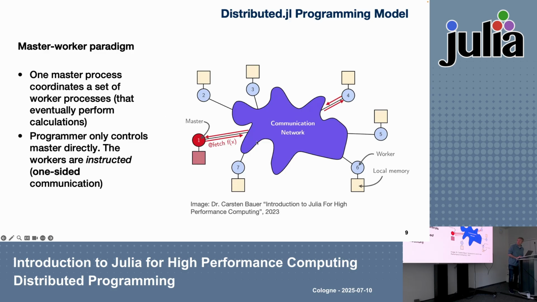How does it work? You start up Julia, and you tell Julia how many processes you need, and then Julia will take care of spawning these worker processes, and everything is then communicating over a communication network. And then the main process is the one that you control, that you can also control interactively, and then you distribute the work.